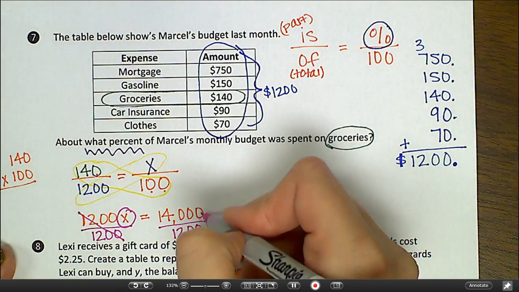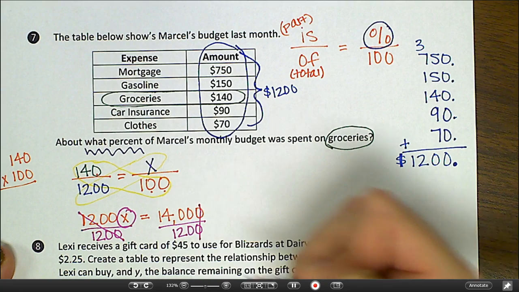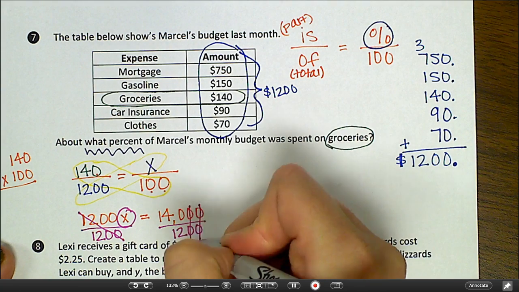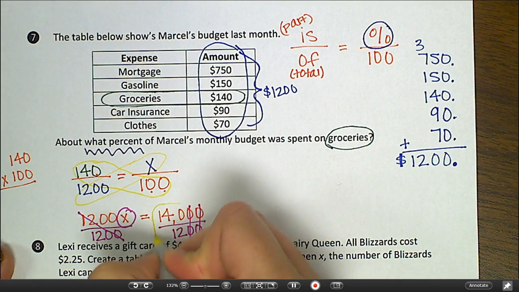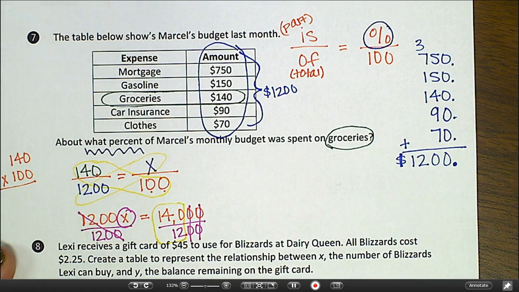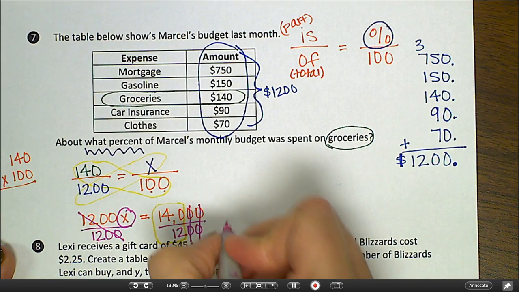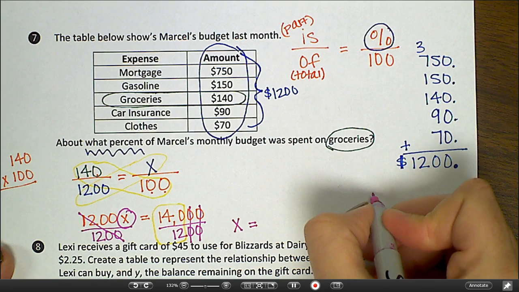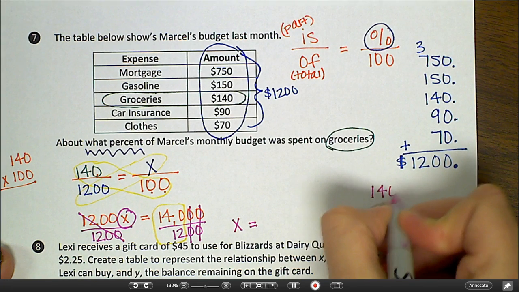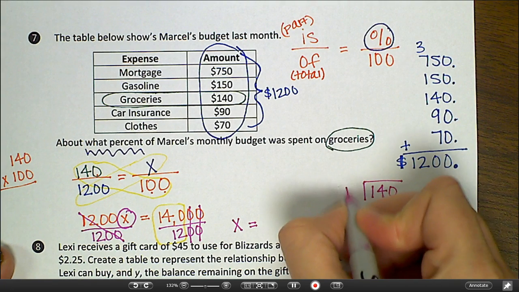And then over here, I can cross out 2 zeros, because they both end in 2 zeros. And so really all I have now is 140 divided by 12. So x equals, and I'm going to go over to the side and do 140 divided by 12.